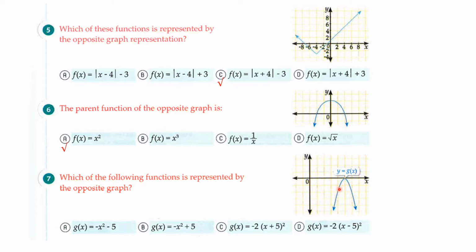So I must have a minus 5 inside the function and a negative outside the function. So it's D. Yes, it is vertically stretched, but nothing else is correct because the negative 5 is outside. I need a minus 5 inside the square. So this is the only possible answer.